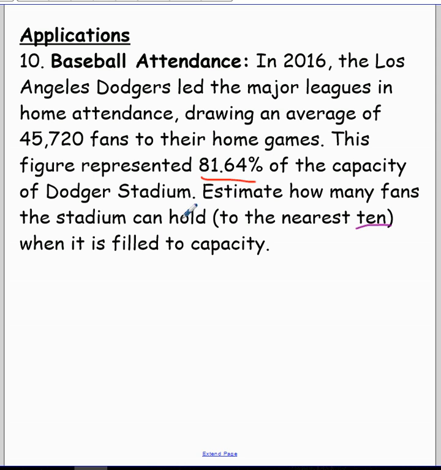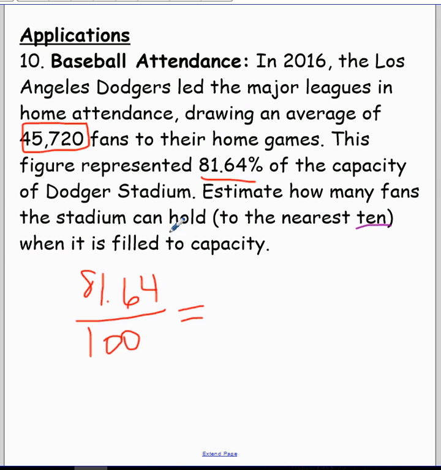We can see that 81.64%, so let's go ahead and put that piece in over 100. And then we are given 45,720. So does that represent the 81.64%, or does that estimate the total?